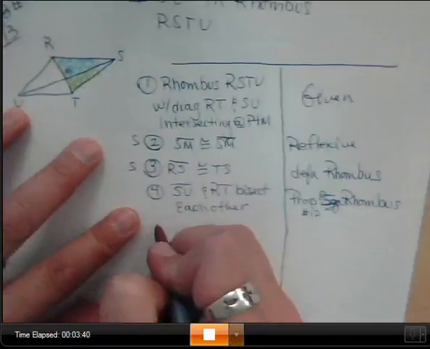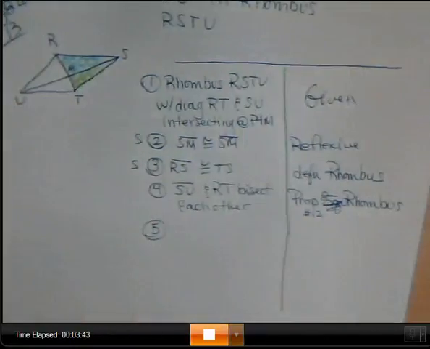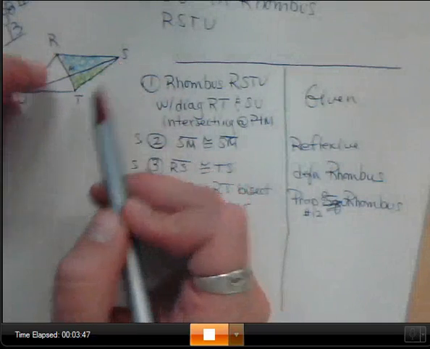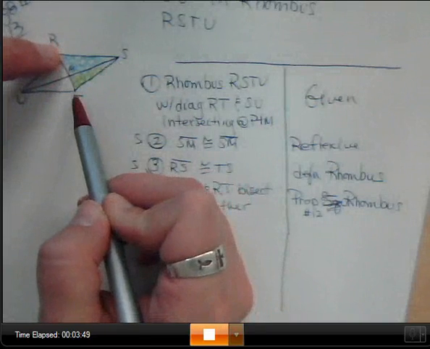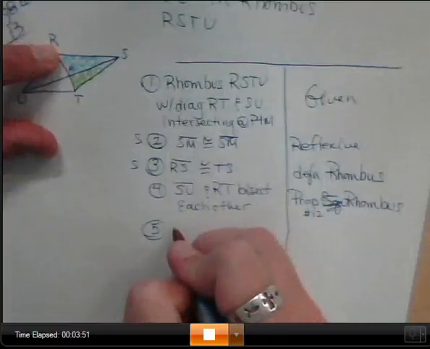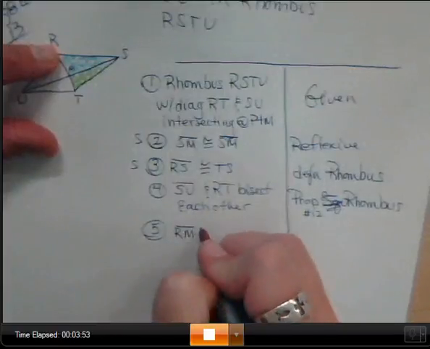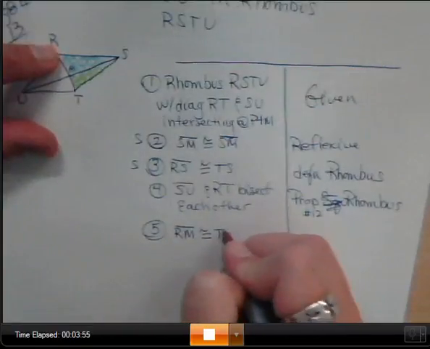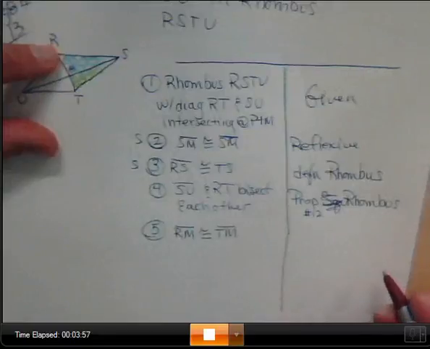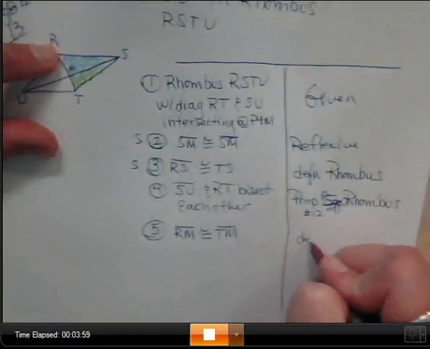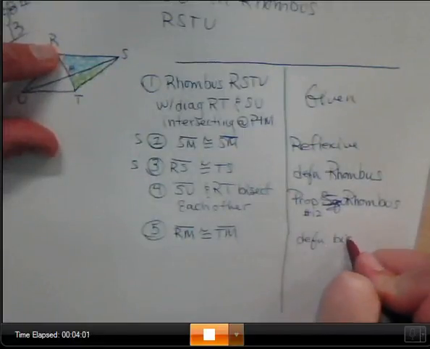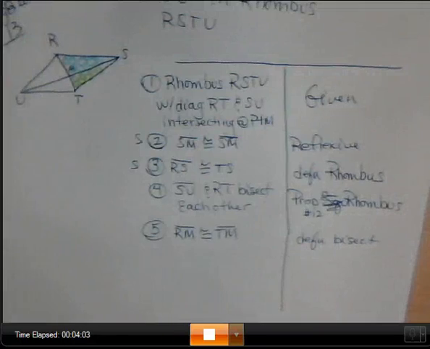So then what are we going to say? If they bisect each other, then what do we need congruent? This one bisects this one. So RM is congruent to TM. Reason? Definition of bisect. So let's use some color here.